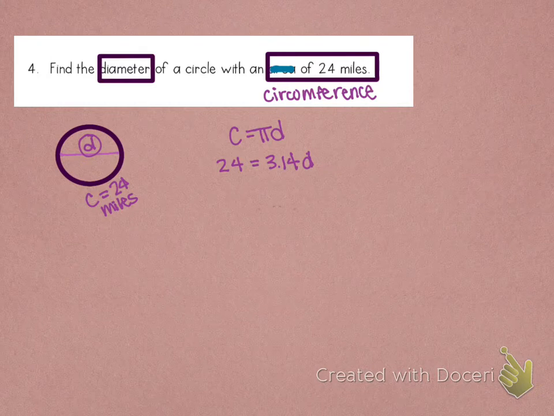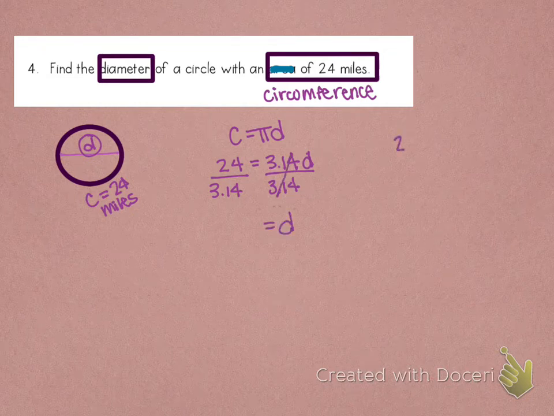If you look at this problem, it is a normal one-step equation problem. So we're going to divide by 3.14 and divide by 3.14. Okay, so that goes to 1, and we have D left over.